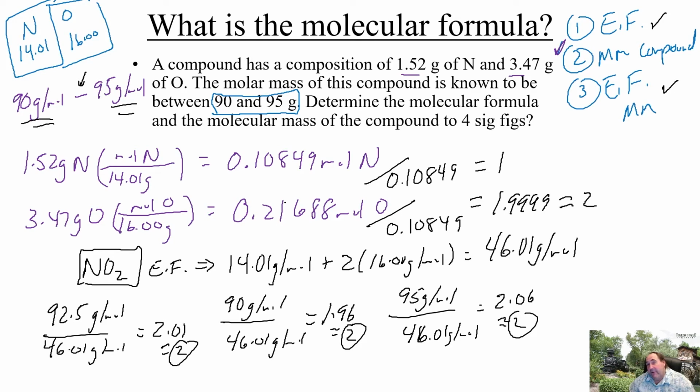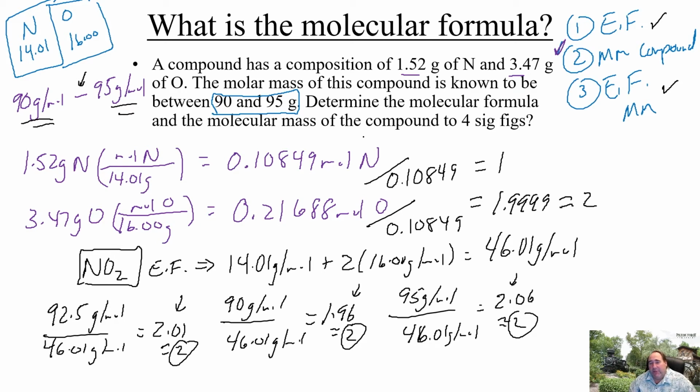If you know how much silver you started with and how much silver chloride you ended with, you could subtract the two and figure out the mass of silver and the mass of chloride, and you can figure out the empirical formula by following our steps. So sometimes you are given a range like this because they don't know the exact number. And that's why, when we get to this part here, we can be a little more lenient on the rounding. But they all, in this case, basically equal 2.